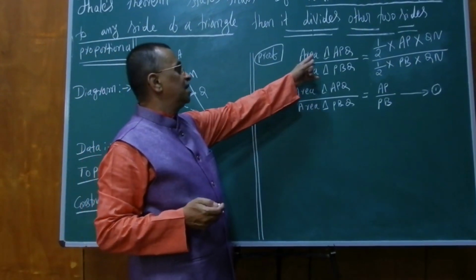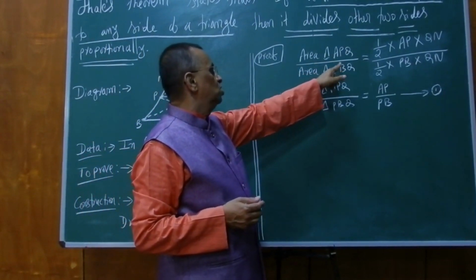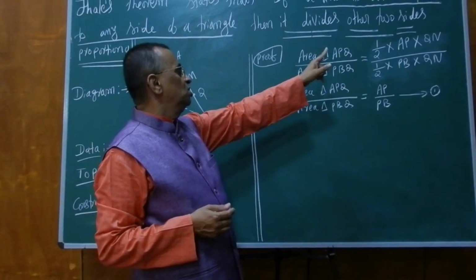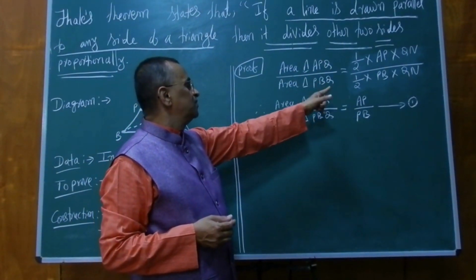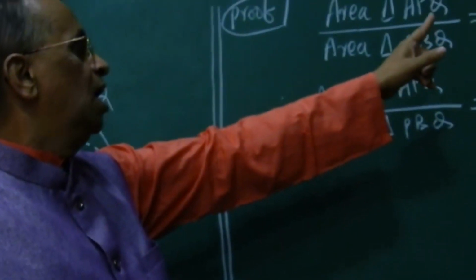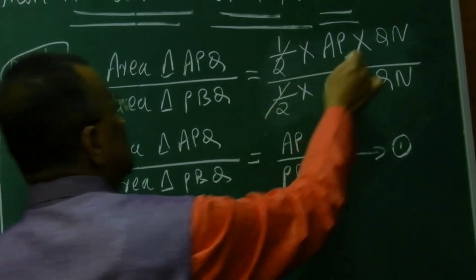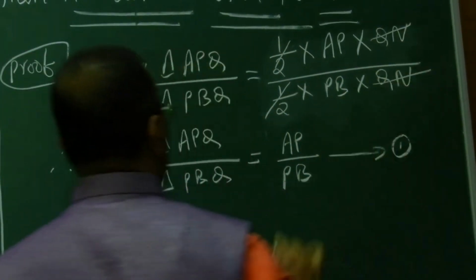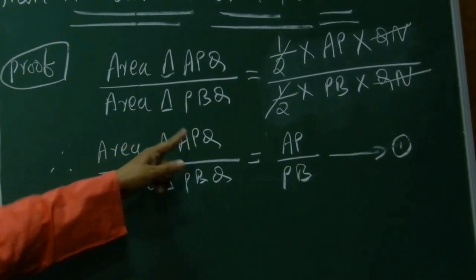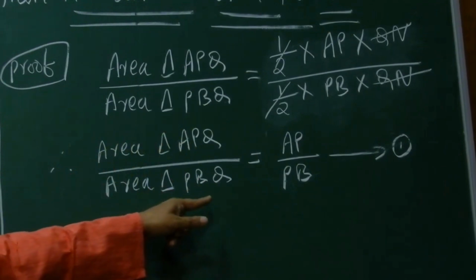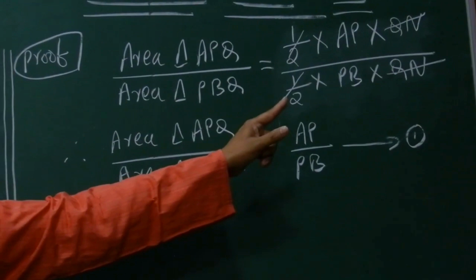Here, area of triangle APQ over area of triangle PBQ is equal to half into base AP into height QN, whole over half into base PB into height QN. Since half cancels and QN cancels, we are left with area of triangle APQ over area of triangle PBQ is equal to AP over PB. We make it equation 1.